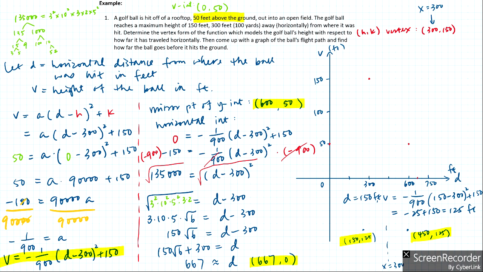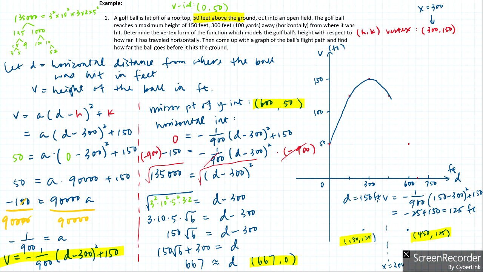And then we have the 2 points we chose, 150, 125. And 125 would be right in between 100 and 150. And lastly, 450, 125. So 450 is right here between 300 and 600. So now I have 6 points that we can use to connect to create the path of the ball.